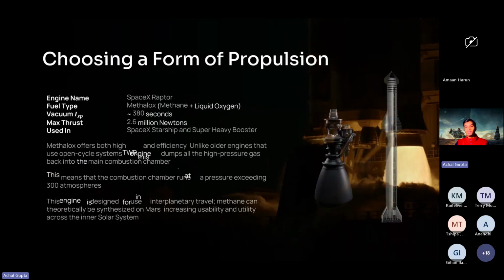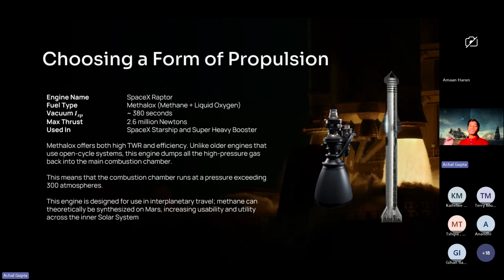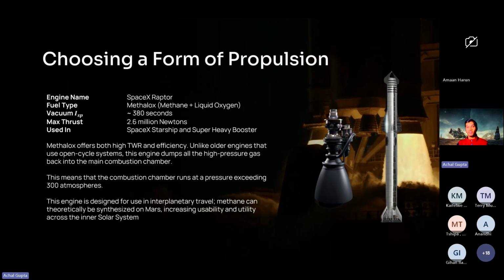Last but not the least, we have arguably the best of these engines, which is the SpaceX Raptor engine. This runs on a different kind of fuel, which is methalox, so liquid methane and liquid oxygen. It has a very high ISP, 380 seconds, and it also has a decent amount of thrust.